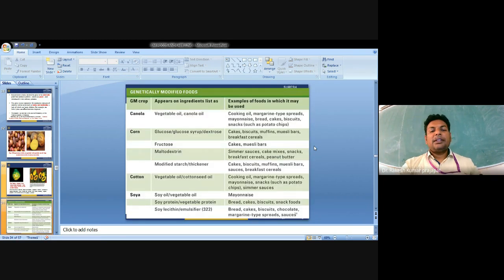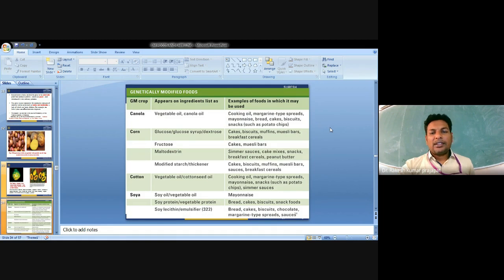These are the different GM crops, like canola. Canola vegetable oil can be used in cooking oil, margarine-type spreads, mayonnaise, bread, cake, biscuits, snack preparations, and potato chips. Similarly, corn contains glucose syrup, dextrose, fructose, maltodextrins, modified starch, and sugar.